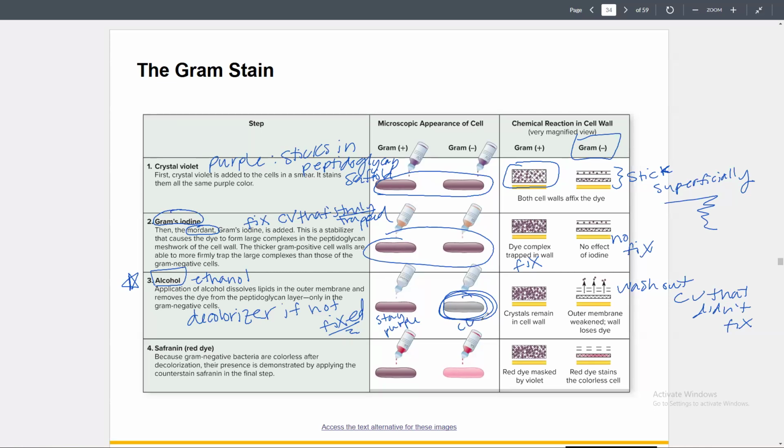And then we have clear cells now for our gram negatives, and that's really hard to see in the microscope. So our next step is safranin, which is a red dye. This is just our counterstain, so that we can see the ones that are negative. It gives us contrast, right? This is similar to what we would have with a simple stain. Here, that red is not strong enough to be seen past that purple, so you'll see the purple.